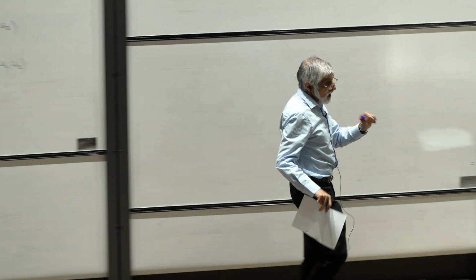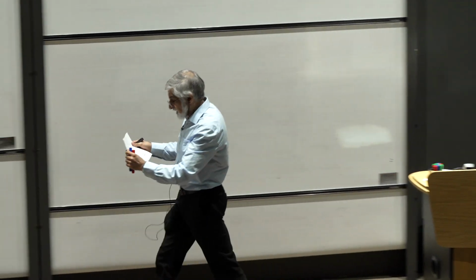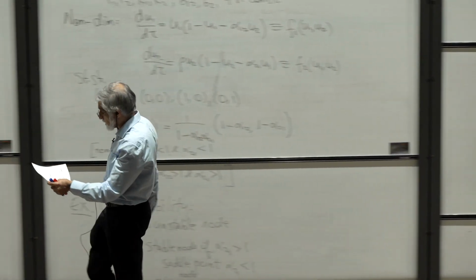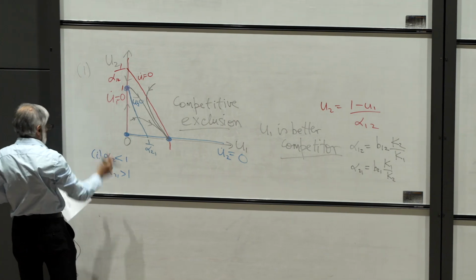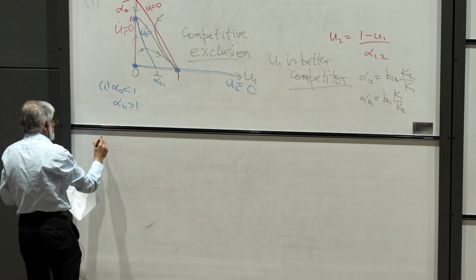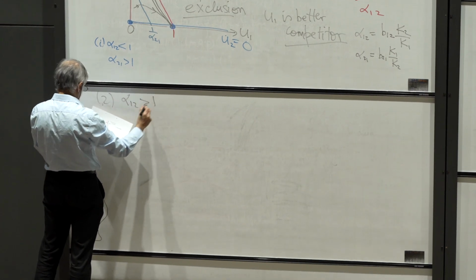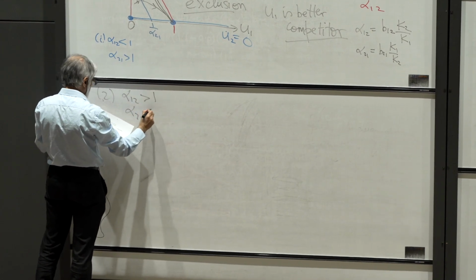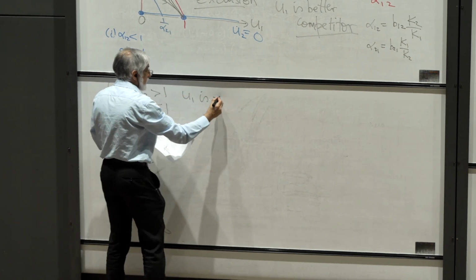Now we switch around. Case 2, which I leave you to do as an exercise: alpha 1,2 bigger than 1, alpha 2,1 less than 1. I leave that as an exercise. U1 is excluded.